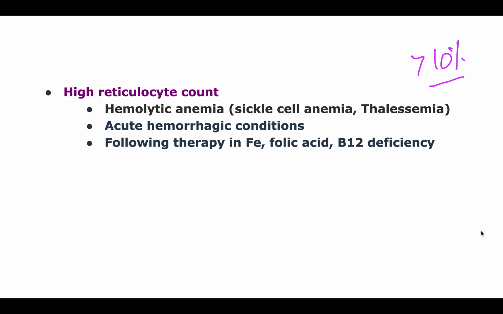So the bone marrow will activate itself and form more RBCs, and therefore the retic count will be higher in these patients. Sickle cell anemia and thalassemia patients have a higher retic count. Then acute hemorrhagic conditions, same process: hemorrhage has taken place, and the body tries to replace the blood. Third, after therapy: if a patient with iron deficiency anemia is taking iron, or a patient with megaloblastic anemia is on B12 supplements, if they are responding, they will have a higher reticulocyte count.